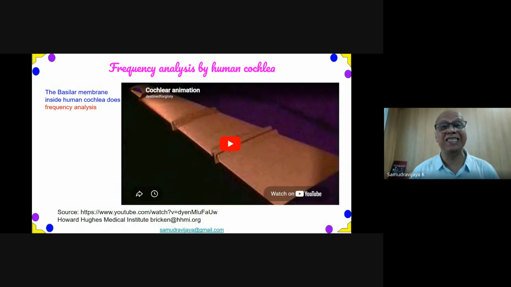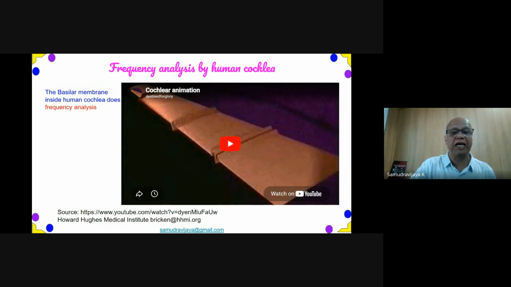So how does the ear do the frequency analysis? In the inner ear, there's a cochlear snail-shaped structure which has a chamber, which has a membrane called basilar membrane, and this basilar membrane is 30 millimeter long, and different parts of the membrane respond to different frequencies.